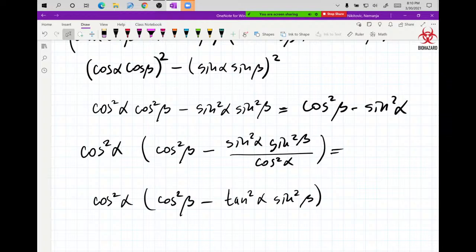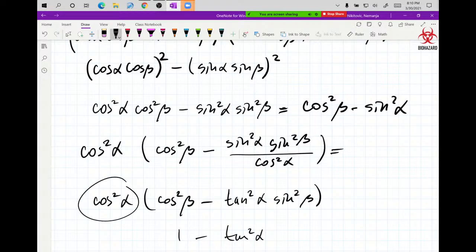This is where the stuff becomes interesting to me, when it's not obvious, and you have to look around. Like all of the other problems were a joke. This one is very interesting because it's so close, but it's not there. You can see 1 minus tangent squared alpha, and if this goes to the other side, it will go as a division.